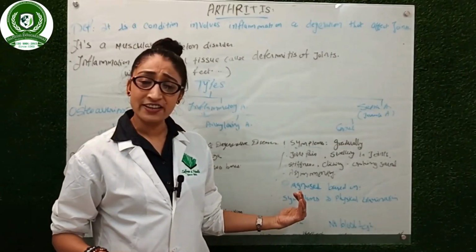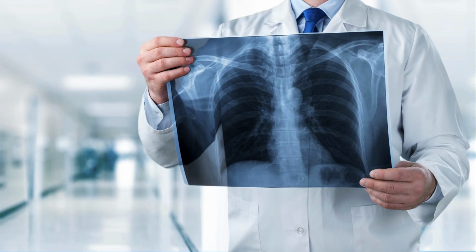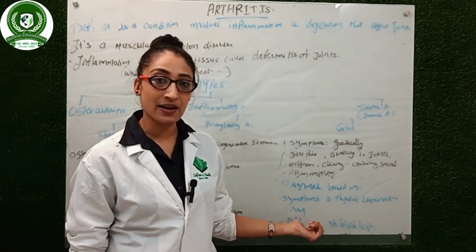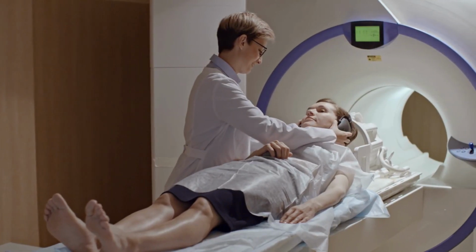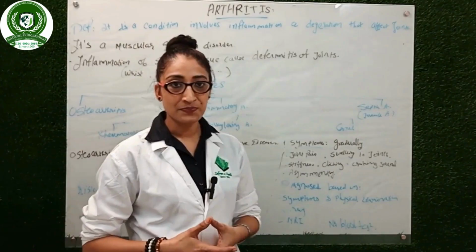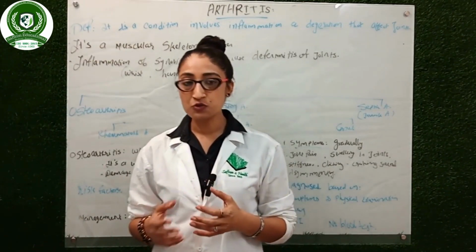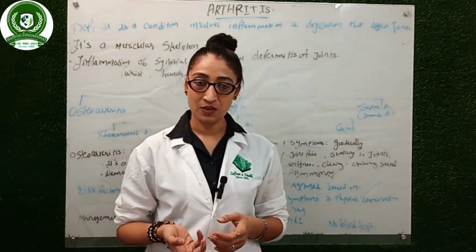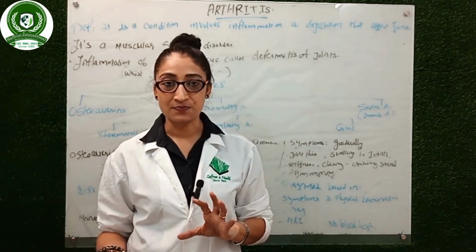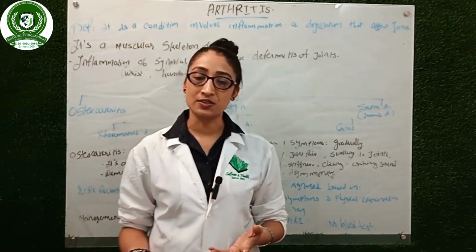Some types of x-rays are also there to diagnose osteoarthritis. Along with that, the main important one over here is the MRI. To diagnose osteoarthritis, MRI is really very helpful, because MRI will show you the deep tissue images. With the help of it, one can diagnose how the damage occurs, at what level the damage occurs, right?